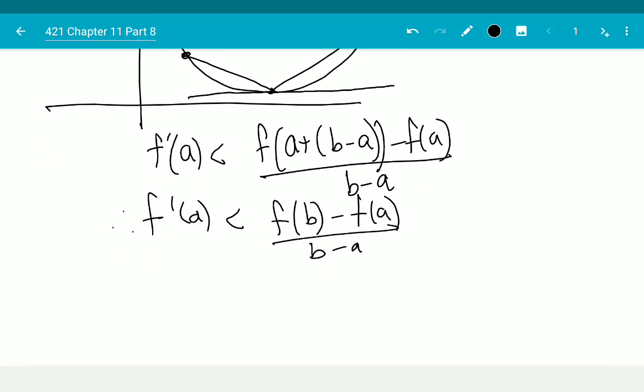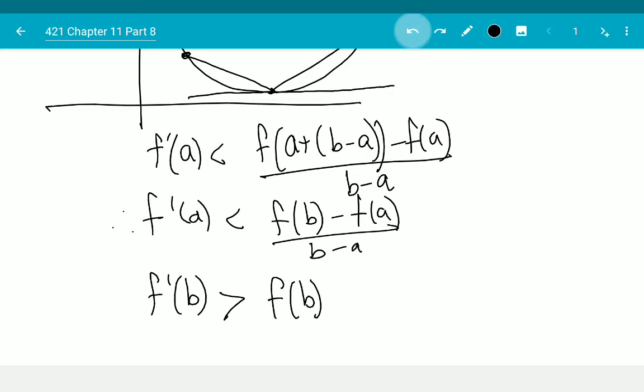By the exact same logic, however, f prime of b, so this is from part 1, and this is from part 2 of the proof, f prime of b is bigger than f of b minus f of a.